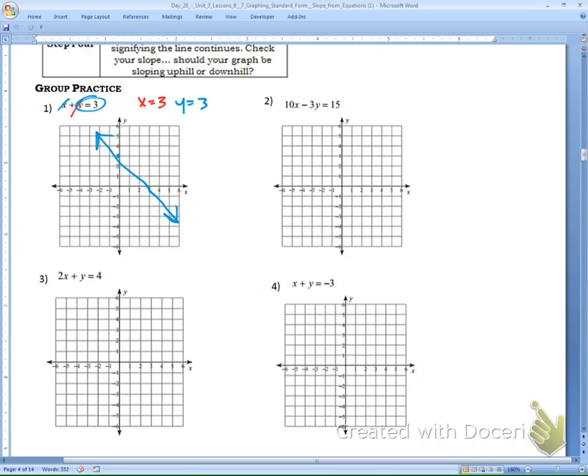Now if you did change this or convert it to slope-intercept form, let me go ahead and change my pen color so you can see what you would need to do. You would just need to move this x term after the equal sign, so you would have the equation y is equal to negative x plus 3. You would still graph that y-intercept at positive 3, so this point right here.